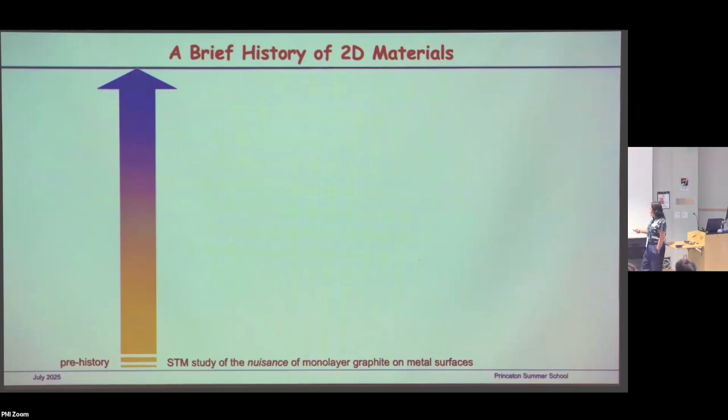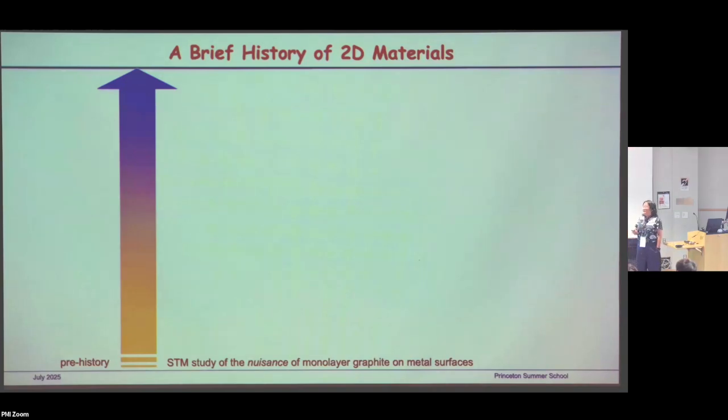At the time, I know there are probably some STM experts here, when you wanted to study a metal in an STM chamber, a lot of times they would find that the residual carbon atoms in the chamber formed what they call monolayer graphite, and this was considered very, very annoying because they wanted to study the metal. This monolayer graphite was considered a nuisance at the time. Of course, one man's trash is another man's treasure.